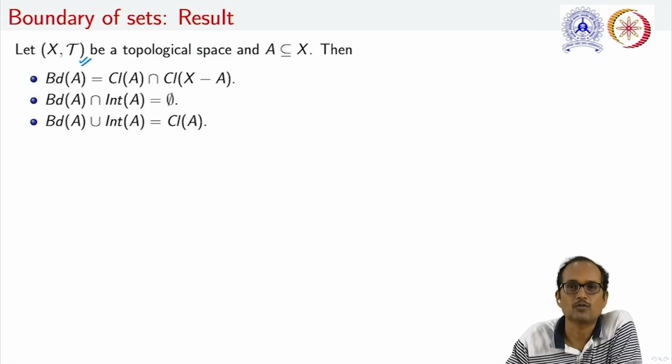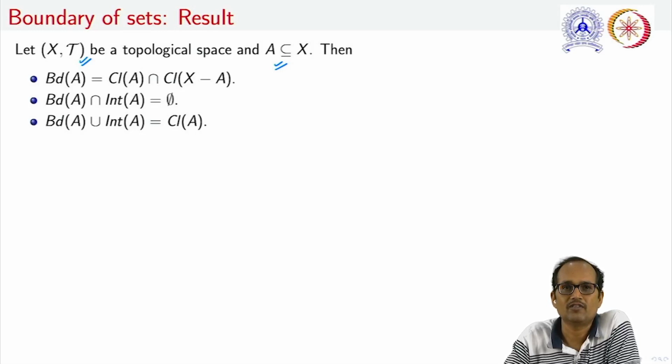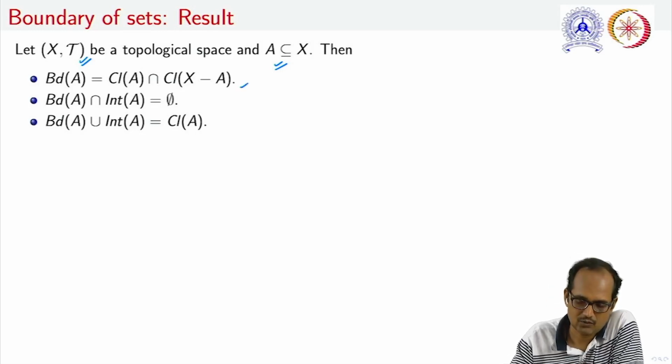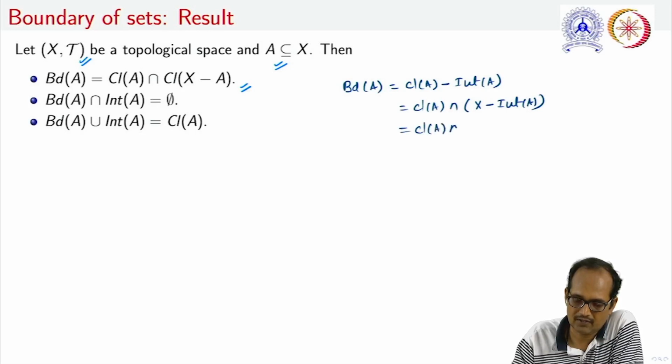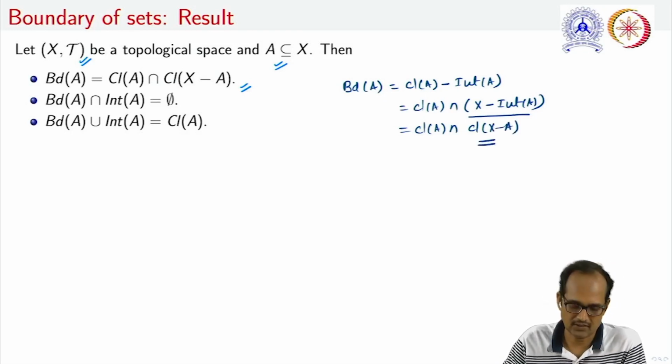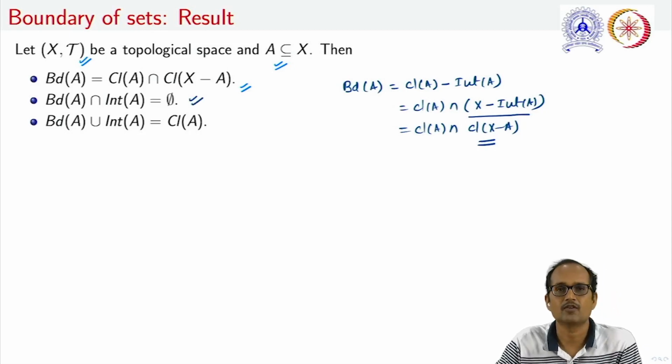For example, if we have a topological space (X, tau) and a subset A of X, then the first thing is that the boundary of A is given as the closure of A intersection the closure of X minus A, and this can be deduced by using the definition plus what we have already seen, that is the closure of A minus the interior of A. This can be written as the closure of A intersection the interior of X complement, that is X minus the interior of A. And we have already proven that this is the closure of A intersection the closure of X minus A.